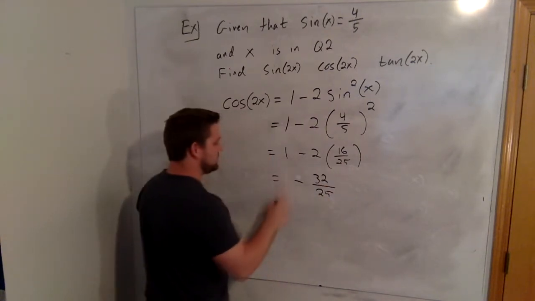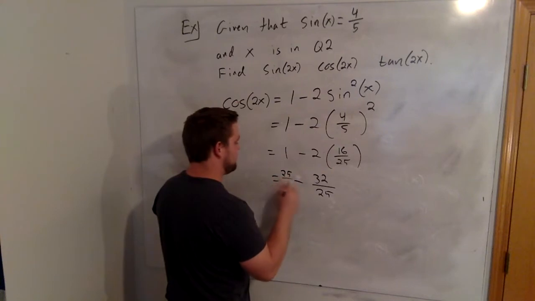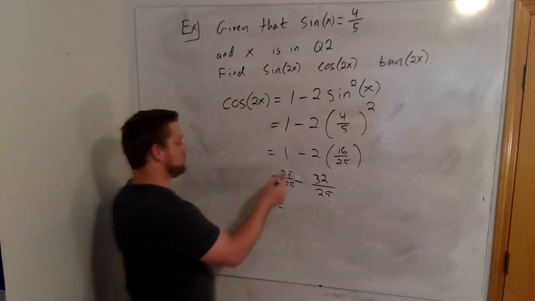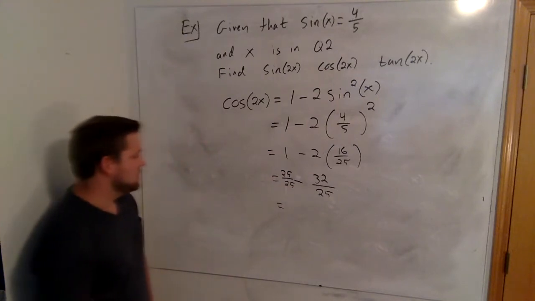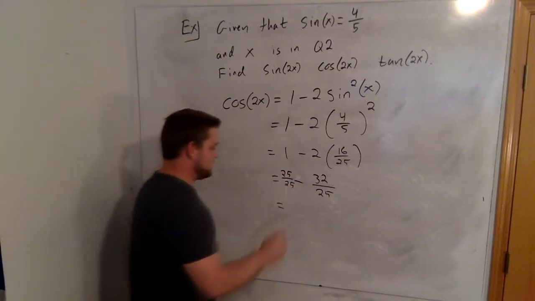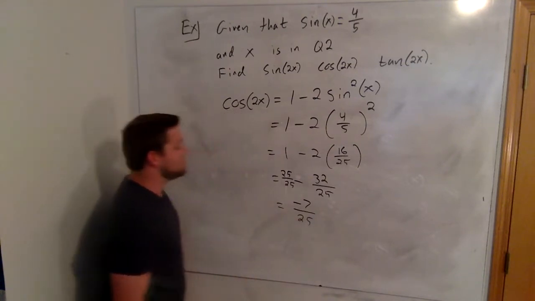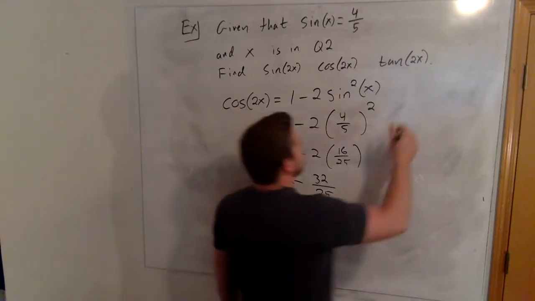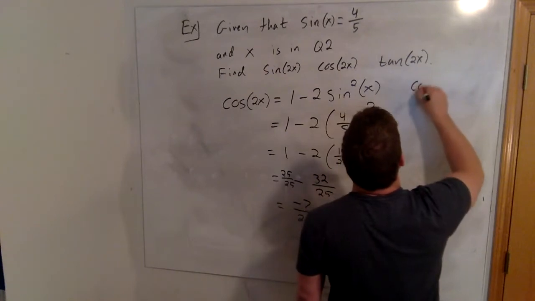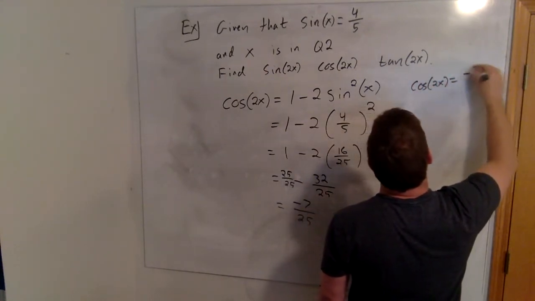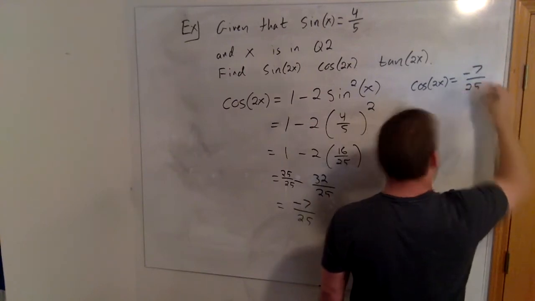Instead of a 1, let's write that as 25 over 25. Okay, so now we need to do 25 minus 32, which is what? -7. So this will be -7 over 25. So let's write that over here. We just figured out that the cosine of 2x is equal to -7 over 25.